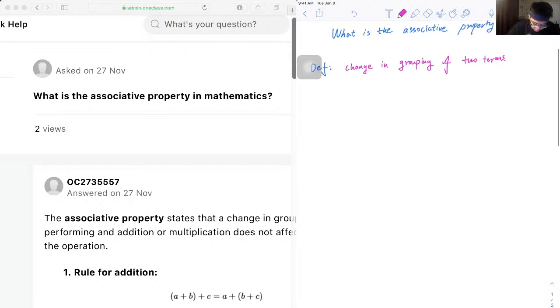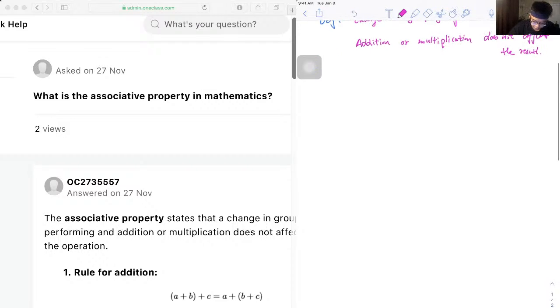So addition or multiplication does not affect the result.